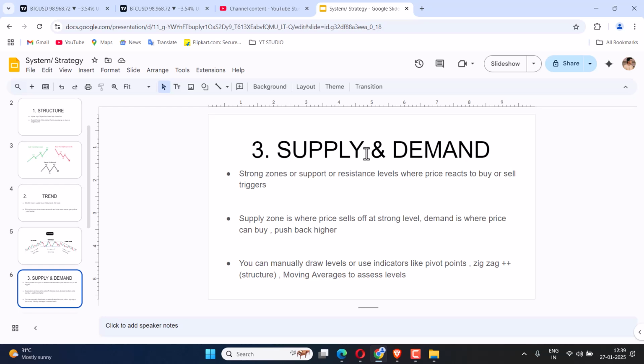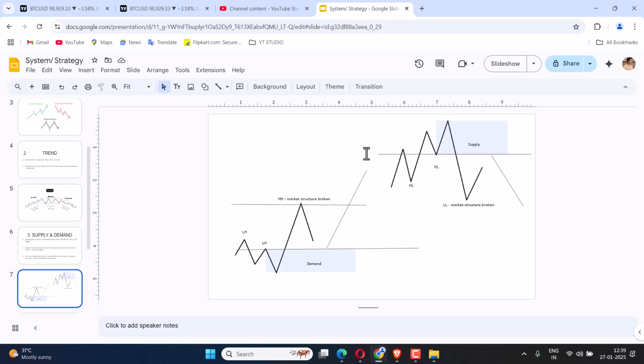Most people speak of these three things, or maybe two things, let's say structure and trend and supply and demand. But I have added another concept called price momentum and timing. I'll go over that next, and before that, let's just get on with this quick structure image of this supply and demand zone.